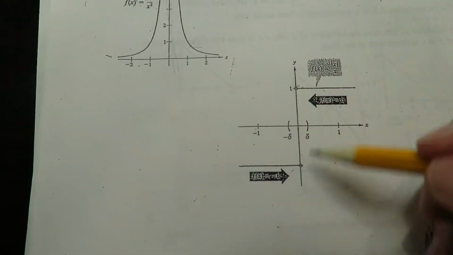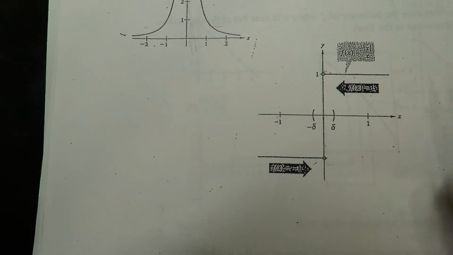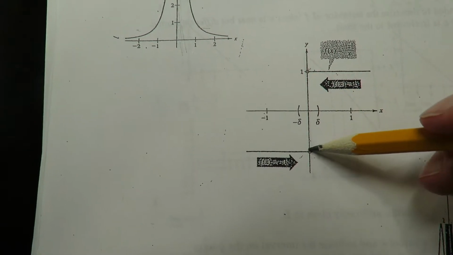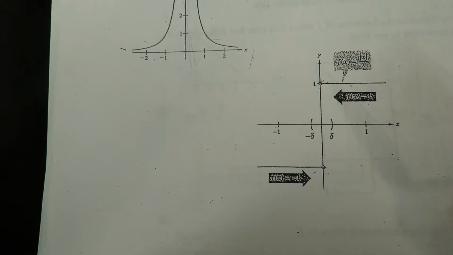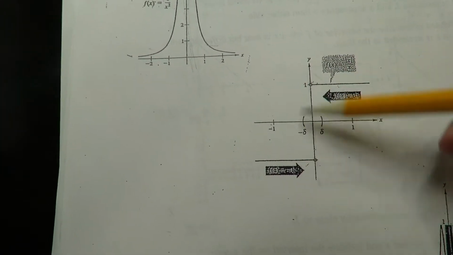If the function has a gap at that point, there's no limit here. There's a limit everywhere else, but not at x equals 0, because the heights aren't going to the same place. They both have to be going to 1, or they both have to be going to -1, but they cannot be going to different heights.